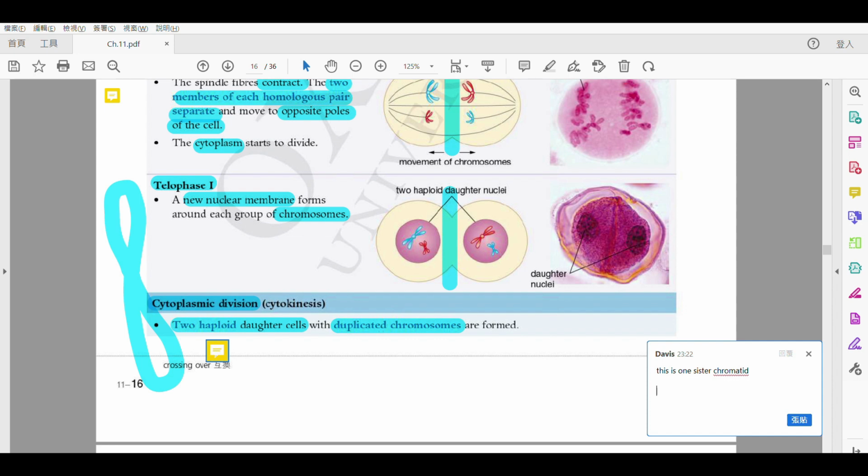Okay, but when we describe what is this thing, 當我哋形容緊、描述緊 what is this thing 嗰陣時啦，we need to say, okay, this is one chromosome. Alright, so we don't say this is one sister chromatid. It's strange. Alright, we say this is one chromosome. 得唔得？Alright, so normally this haploid cell will have this chromosome.